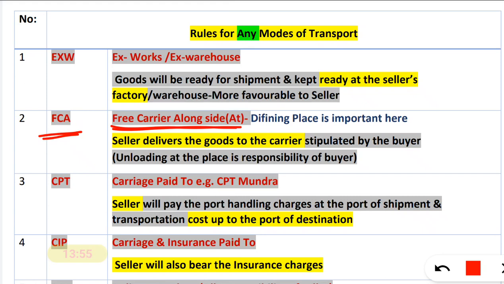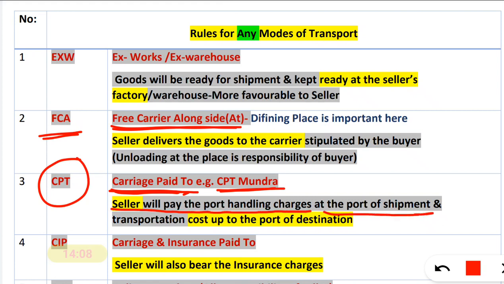Now next is the CPT. It is carriage paid to. For example, if I say CPT Mundra port, what does it mean? The seller will pay the port handling charges at the port of shipment and the transportation cost up to the port of destination. So what is additional in CPT is that the seller or the exporter will also pay port handling charges at the port of shipment.